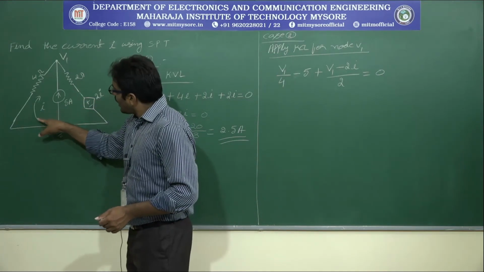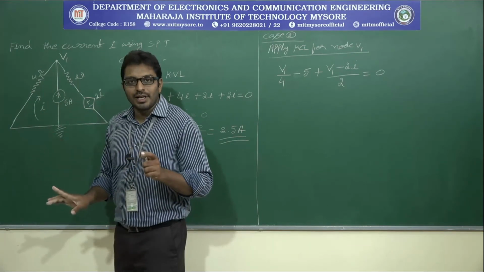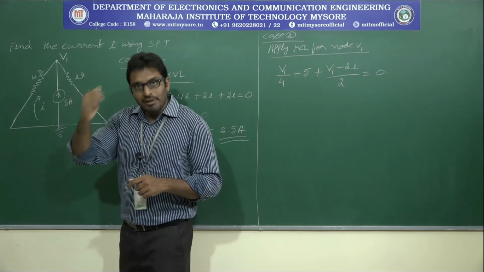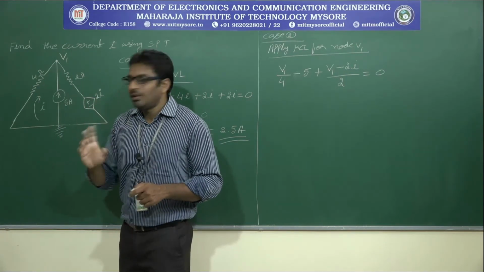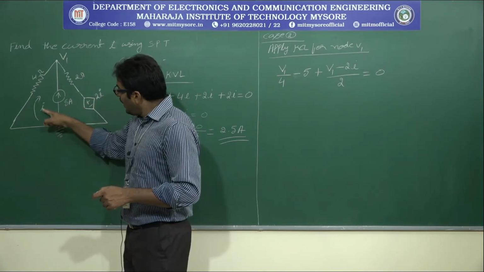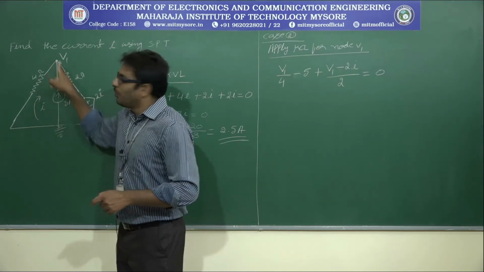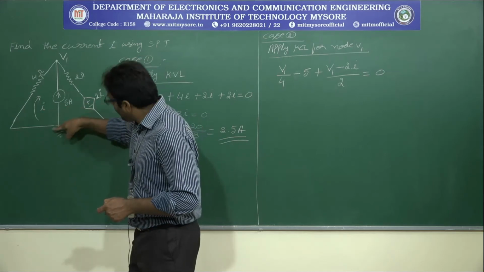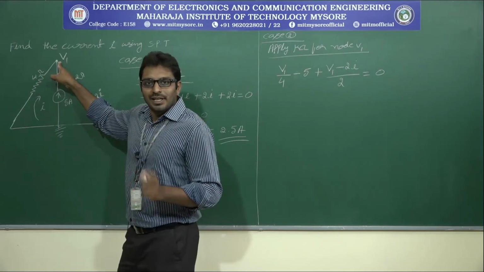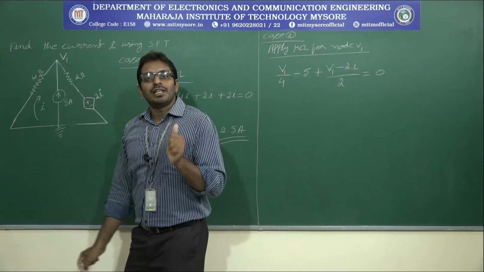I is the current flowing through the 4 ohm resistor. I and its direction are given in the problem itself. I is flowing from ground to V1. Is it clear?